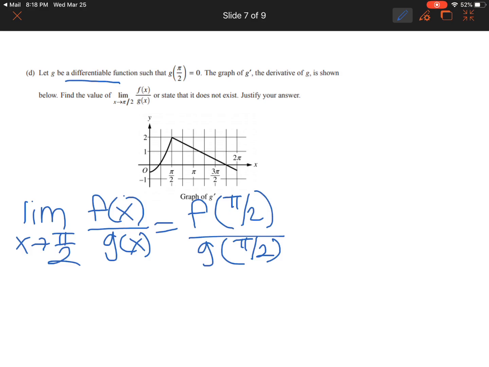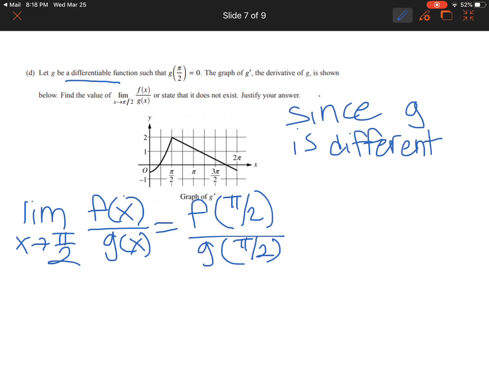So we have to say that since g is differentiable, it is continuous.